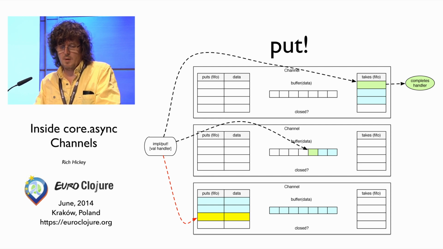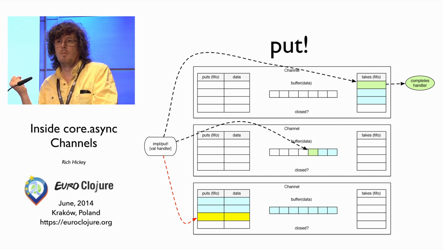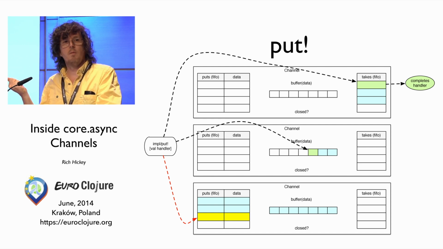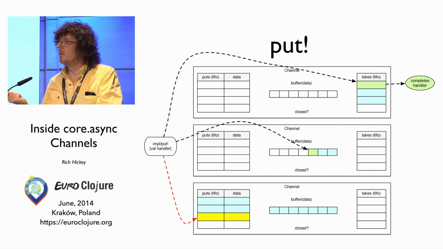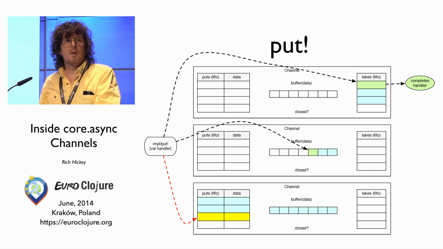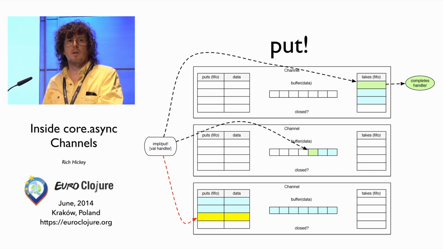And the last scenario is that either there's no buffer or the buffer's full. But you can describe both those cases as there's no room in the buffer. So a putter comes in, has some new information, there's nowhere for it to go. In that case, the put operation gets enqueued.